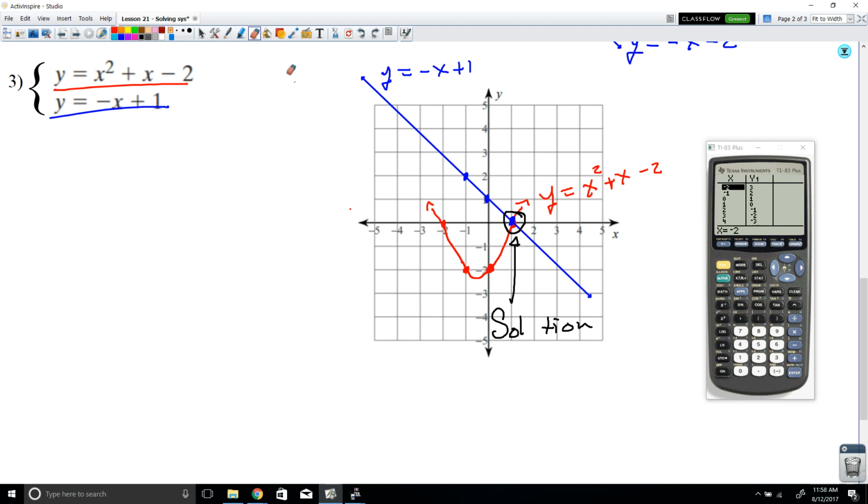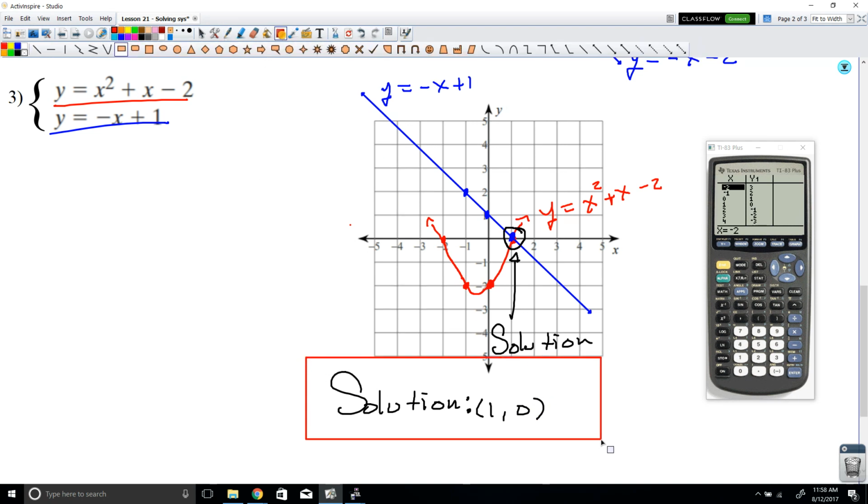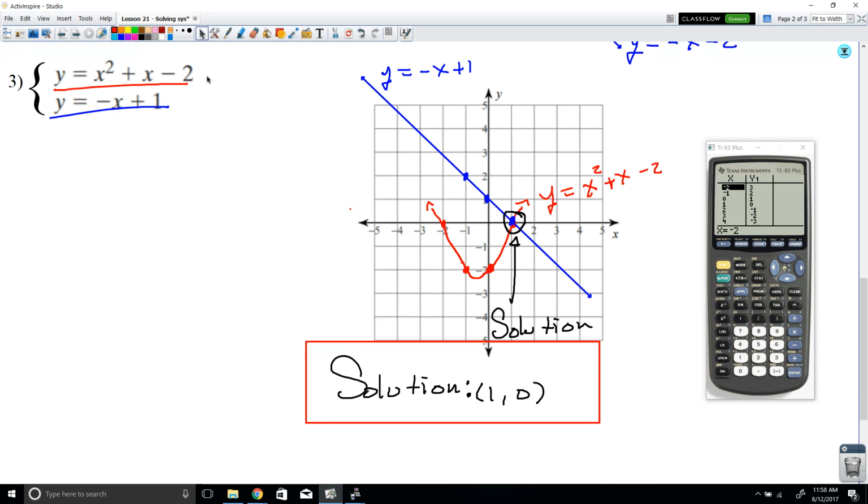So my solution is a coordinate point. What is this coordinate point? That will be 1, 0. Perfect.